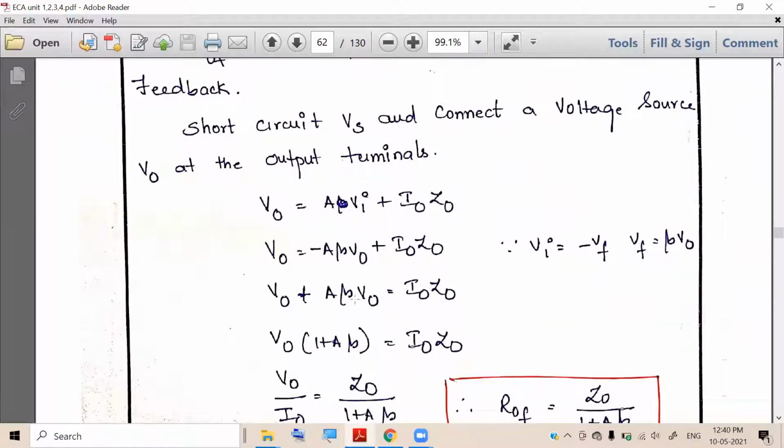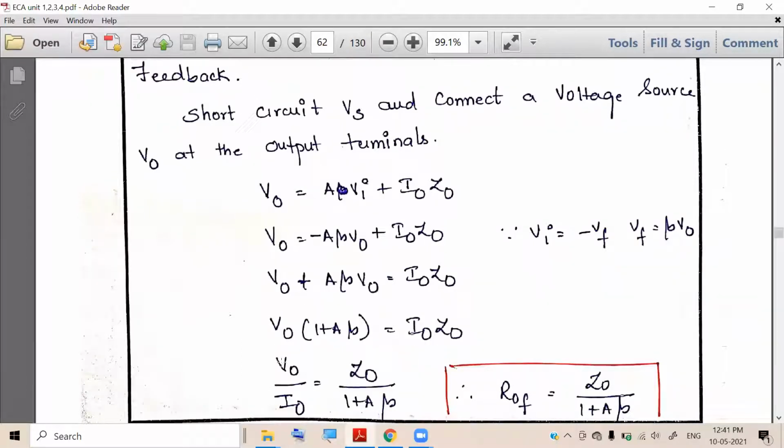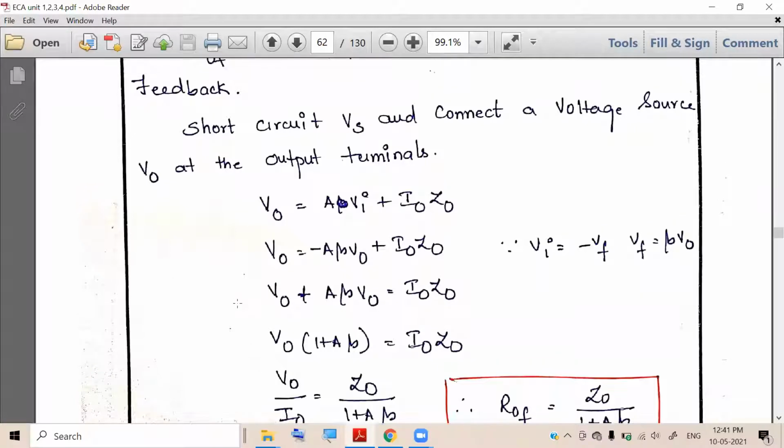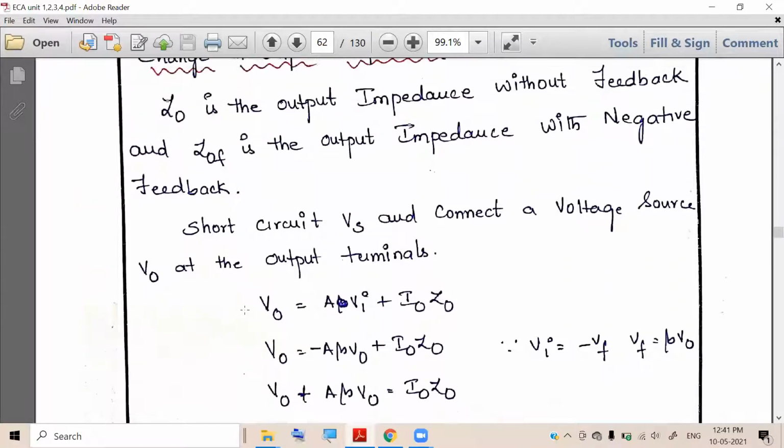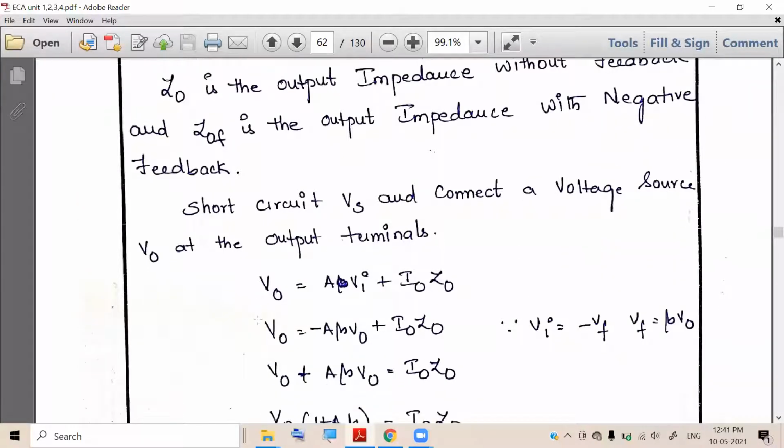Here we can take V0 common. If you take V0 common, 1 plus A beta, and I0 Z0 as it is. So next, V0 by I0. How to get output impedance? Output voltage by output current.